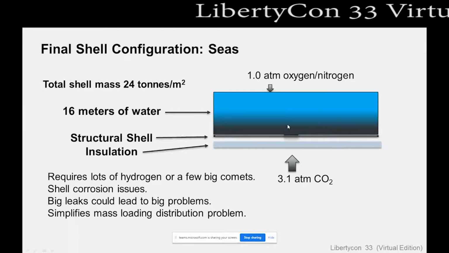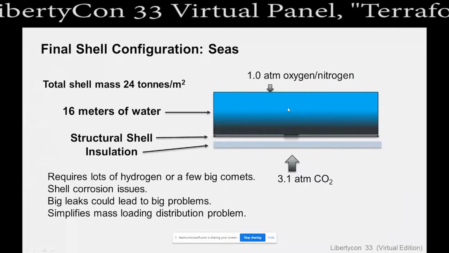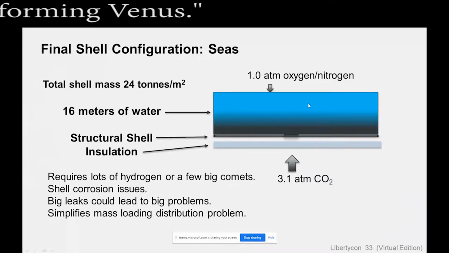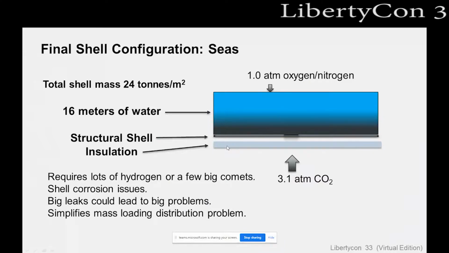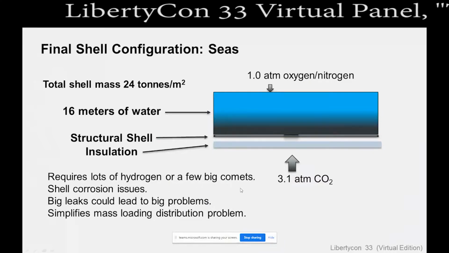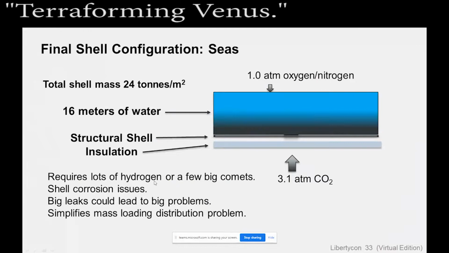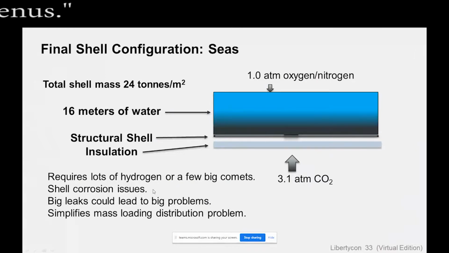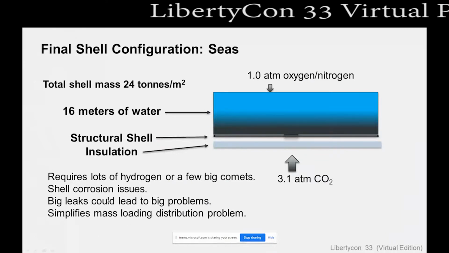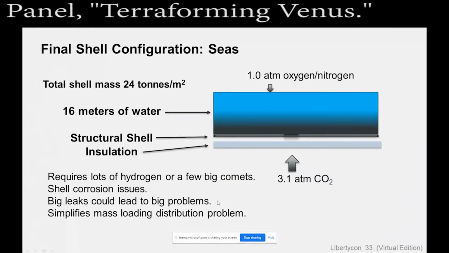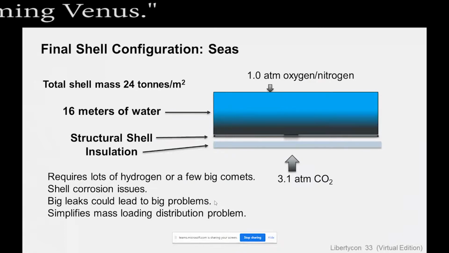And even a small leak would not be the end of the shell, because the sheer volume of material involved is so massive that it gives you plenty of time to plug up small leaks as they occur. This much water, again, is going to require a lot of hydrogen, probably not as much as our earlier example, but a lot of hydrogen. Cell corrosion issues, again, as long as you can inspect it and fix it, you're probably in good shape. Just understand, big leaks lead to big problems. If an asteroid hits the shell, that could be a big problem. So you're going to have to be watching the skies pretty closely.